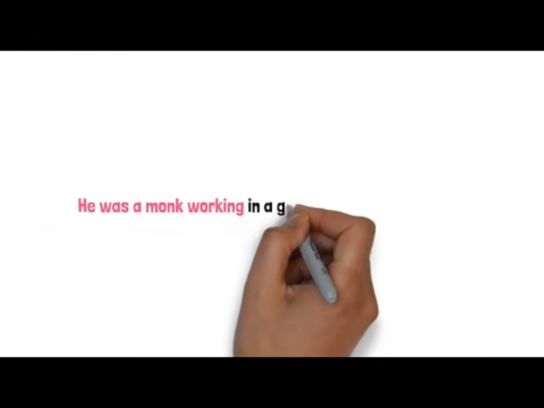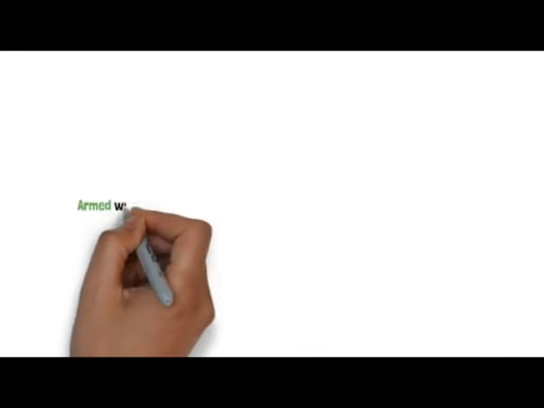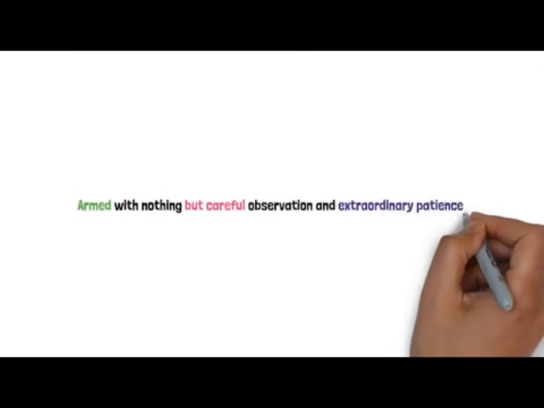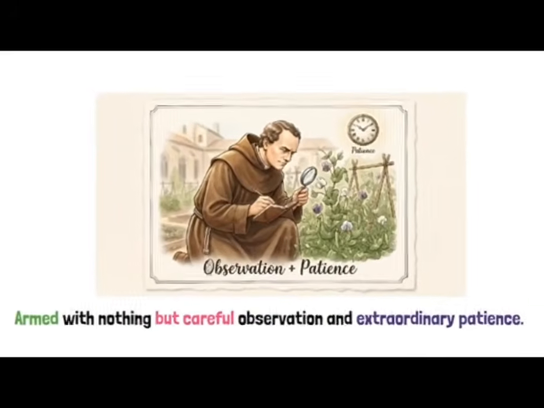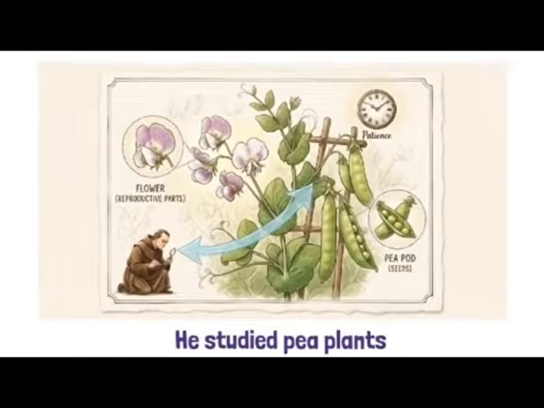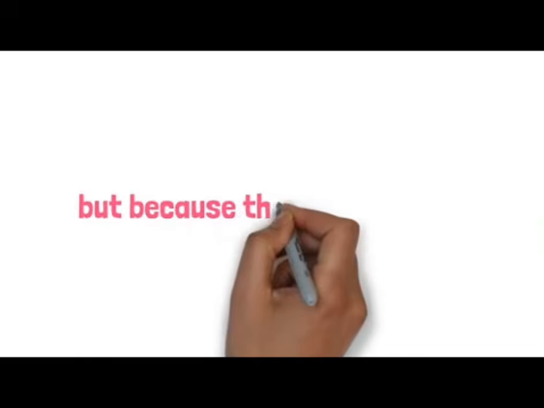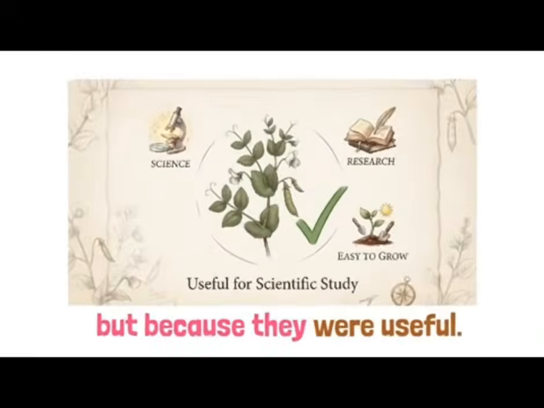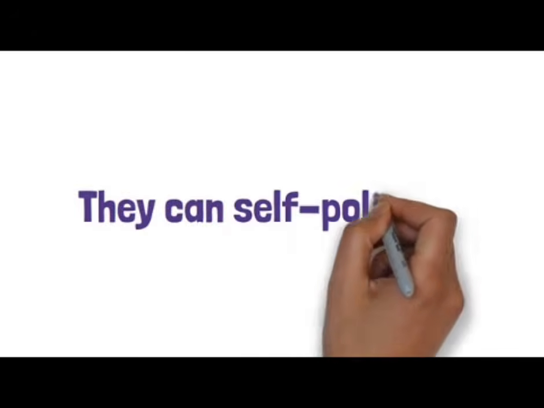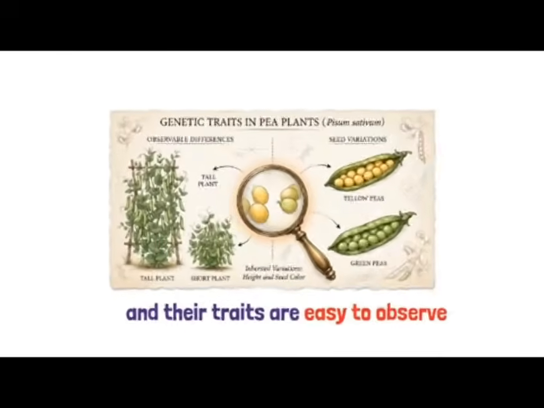He was a monk working in a garden in the 19th century, armed with nothing but careful observation and extraordinary patience. He studied pea plants, not because they were glamorous, but because they were useful. Pea plants grow quickly, they can self-pollinate, and their traits are easy to observe.